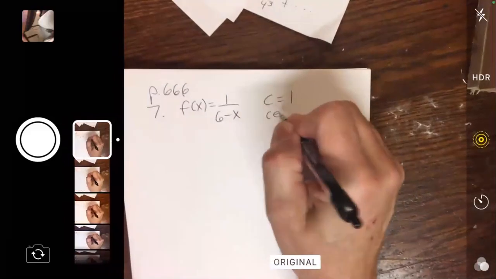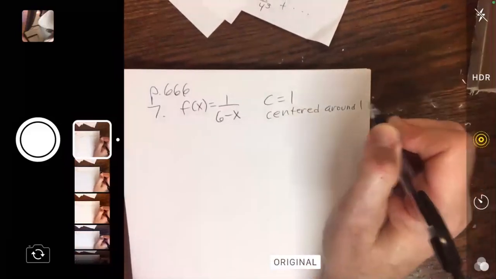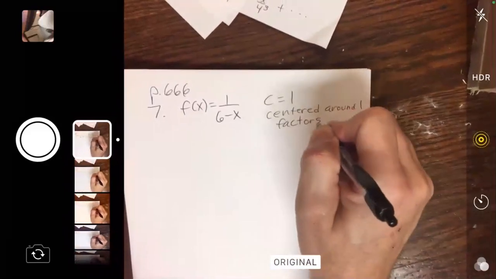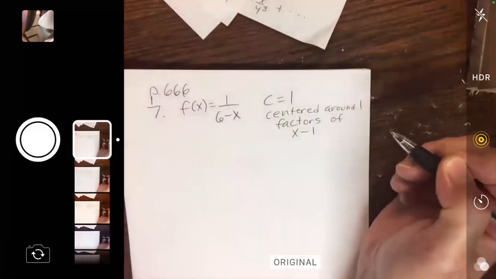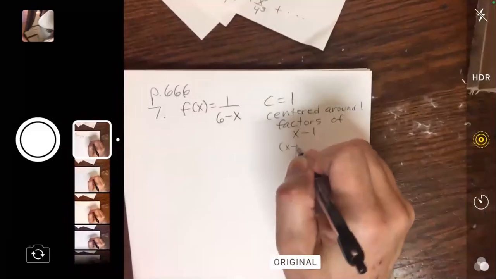You're centered around 1. Remember, that's going to have factors of x minus 1. Meaning you're going to have an x minus 1 plus an x minus 1 squared, and so on.